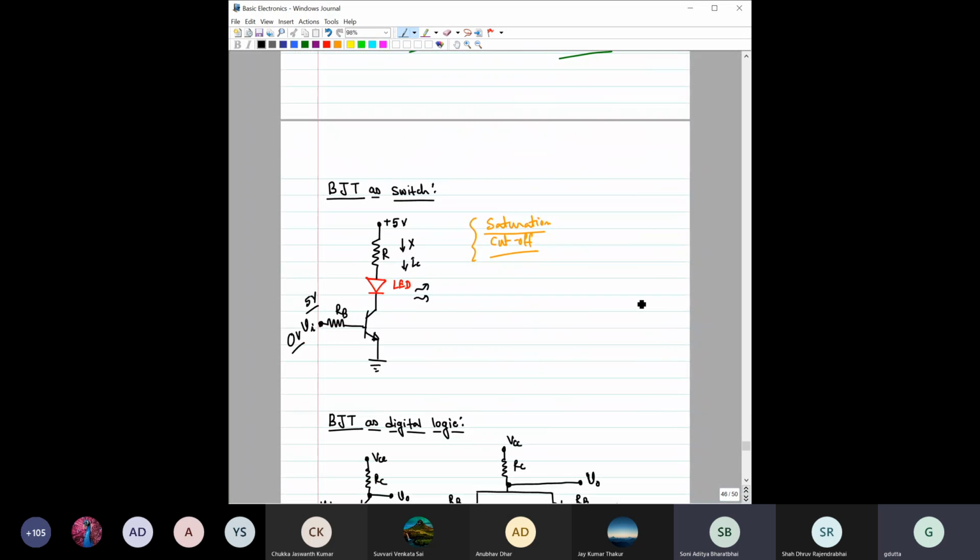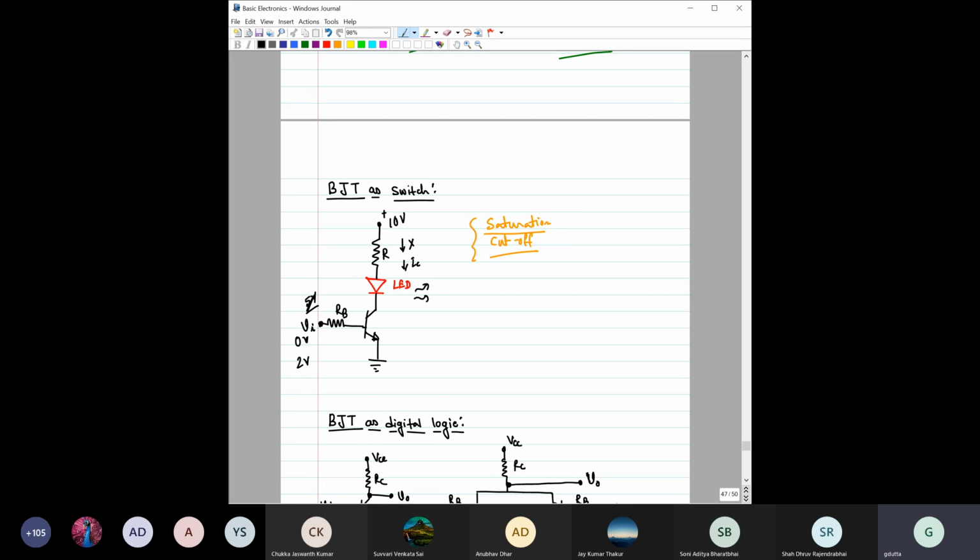Okay, maybe another way to explain it would be like this. Say this value is not now 5 volt. It is, say, plus 10 volt. And say we are changing this input voltage from 0 volt to 2 volt only.